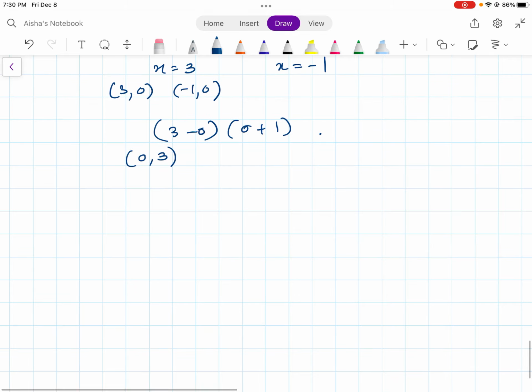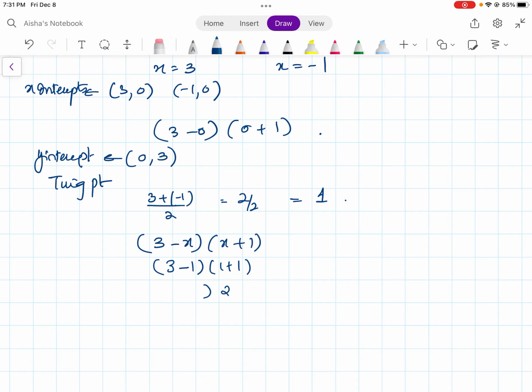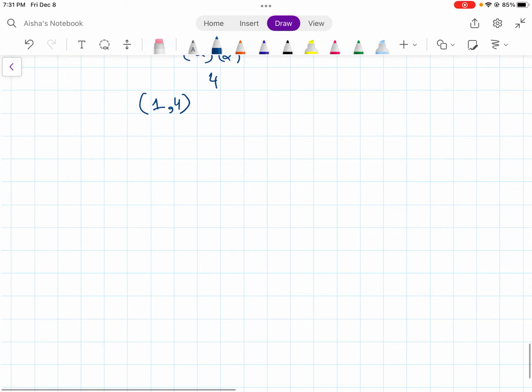Now, what are the coordinates of the turning point? This is y-intercept, and these are x-intercepts. Gives you 1. Input 1 in place. This was the equation. So it's 1 comma 4.